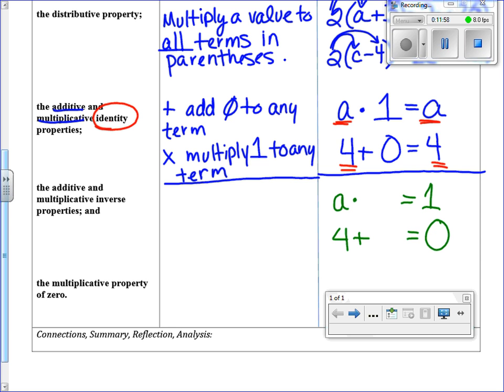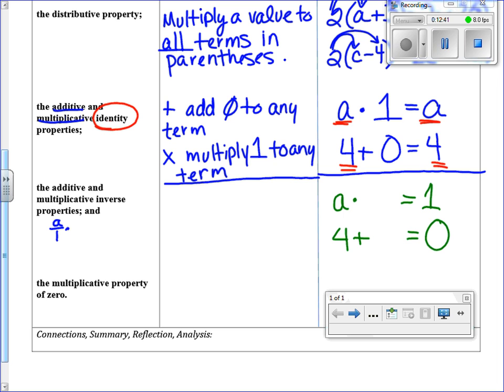So if you were asked to compare and contrast the identity and the inverse properties, that might be something you want to consider. Now, we don't want to multiply A by 2, but what we want to multiply A by is its inverse. Its multiplicative inverse, okay? So I just want to put a little side note underneath. If I have A over 1, I can multiply it by its reciprocal. That's a key term that we need to remember, reciprocal.